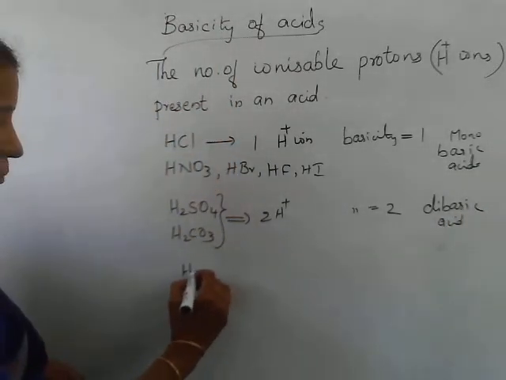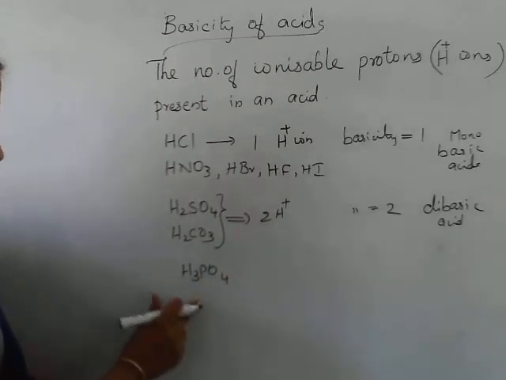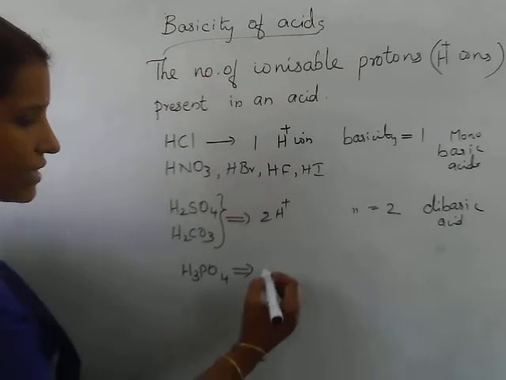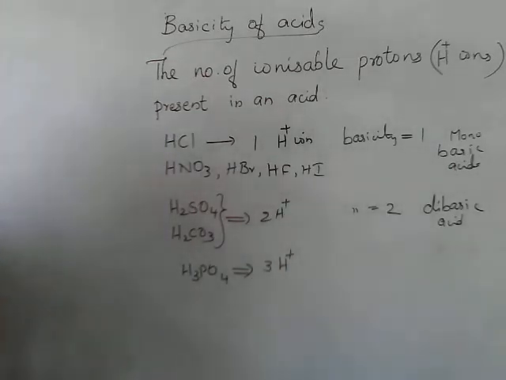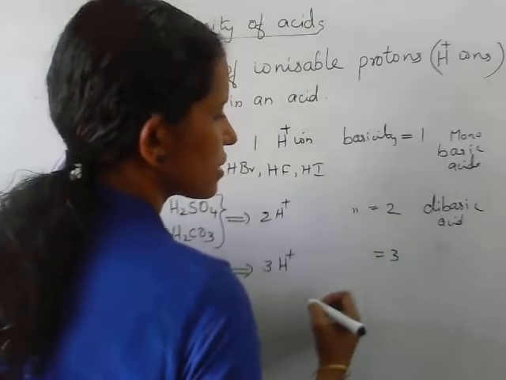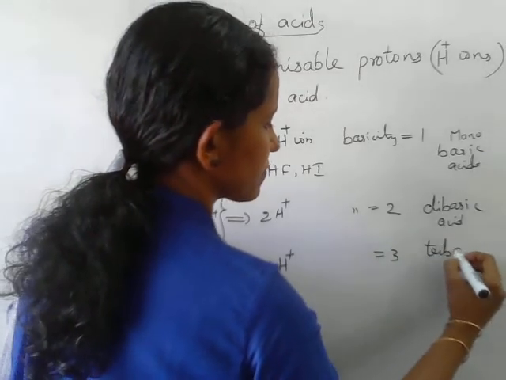Phosphoric acid, H3PO4. It contains 3 hydrogen atoms. All the 3 hydrogen atoms can be removed as proton, H plus ion. Means 3 ionizable hydrogens are present. Hence its basicity is equal to 3. Tribasic acid.